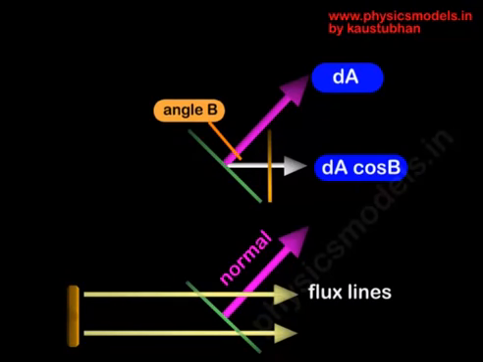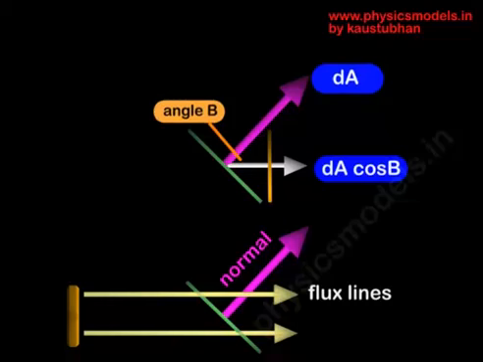If we take a top view of that same thing, you can see that the green area is tilted, and the pink normal is perpendicular to that. There is an angle, say angle B, between that area and the direction of flux lines. The white arrow is the resolving of that normal along the direction of the flux lines, so that's cos theta.